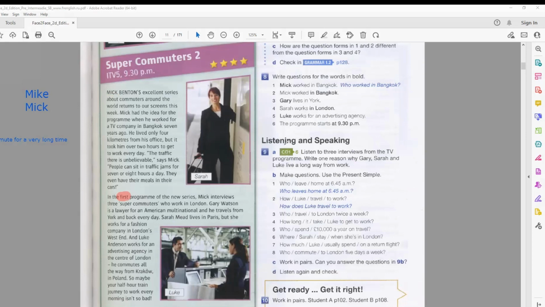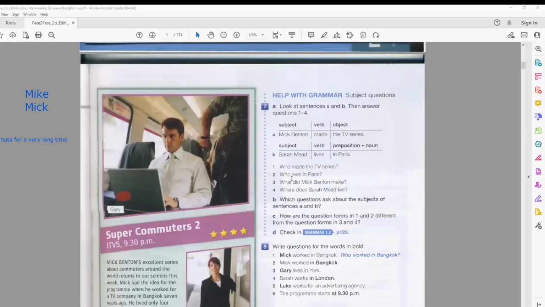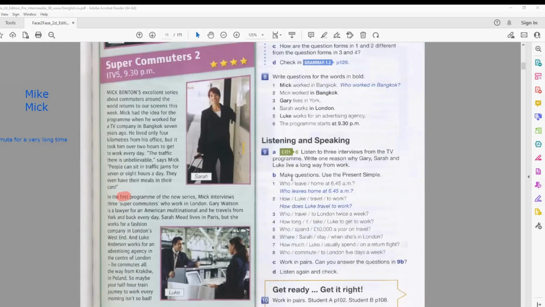Yes. So it's Mick. All right. Sorry, Mick. Okay, that's okay. There's one more word I wanted you to pronounce for me. How do you pronounce this word? First. Very good. Good job, Agatha.